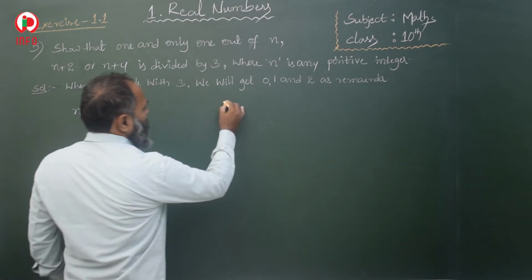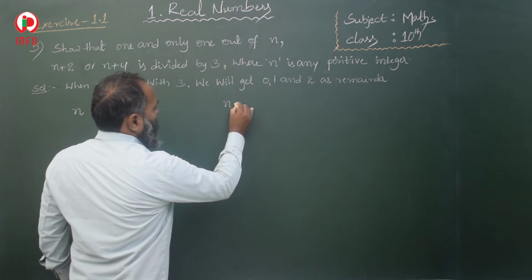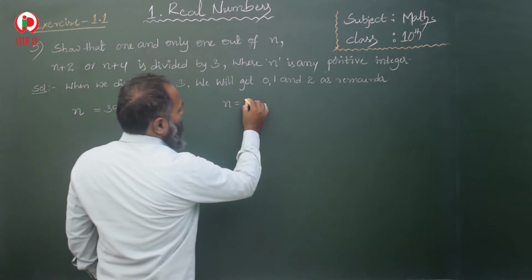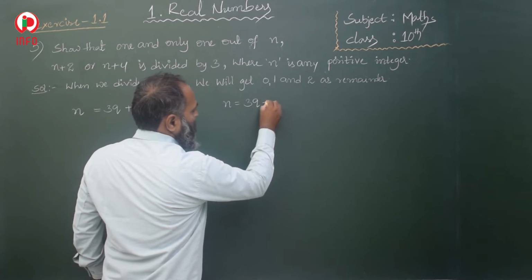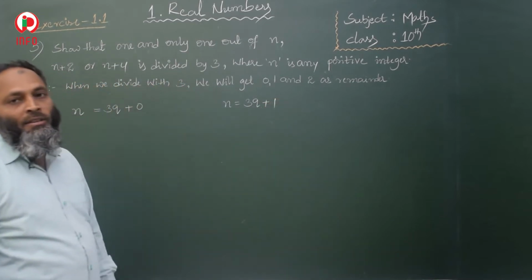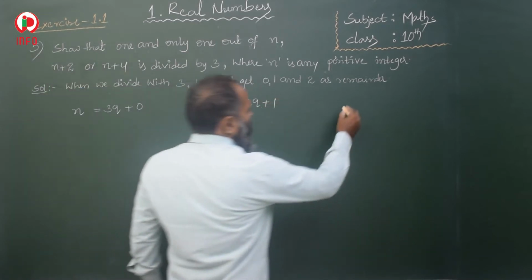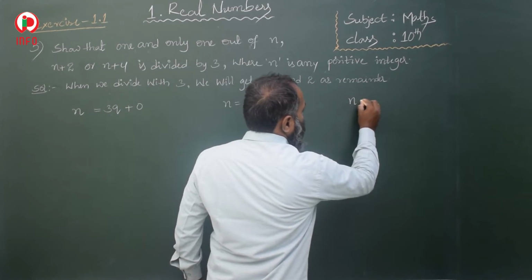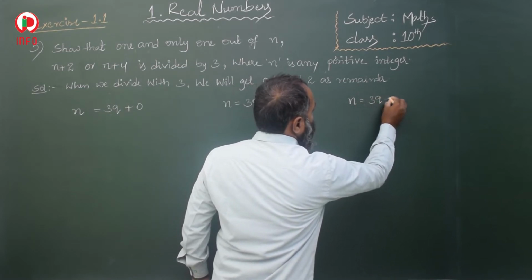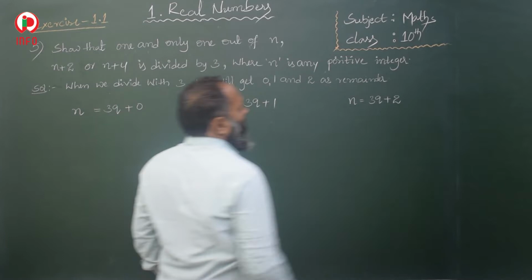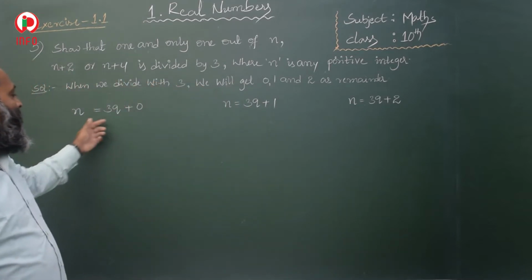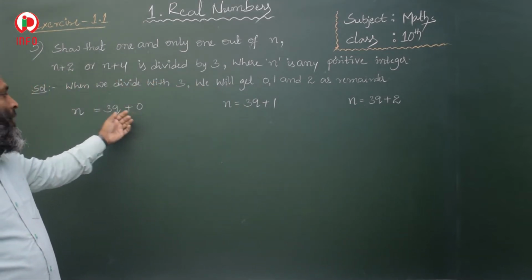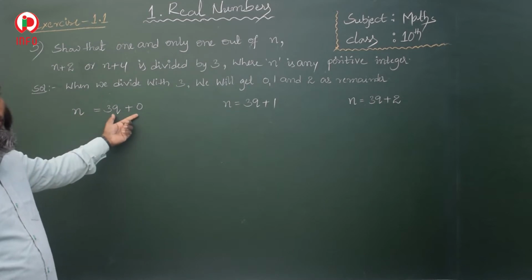Again, when n is divided by 3 and the remainder is 1, according to Euclid's division lemma, n is equal to 3q plus 1. And again, the positive number n is equal to 3q plus 2. So when the remainder is 0, n is equal to 3q plus 0.